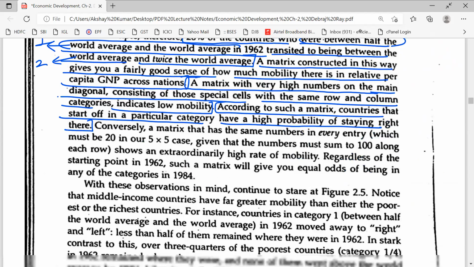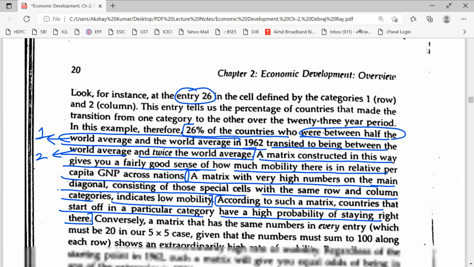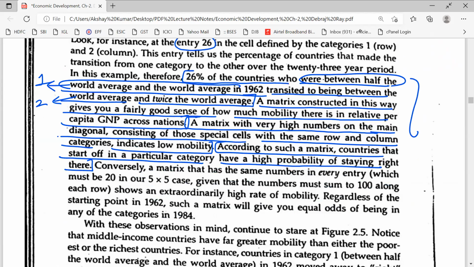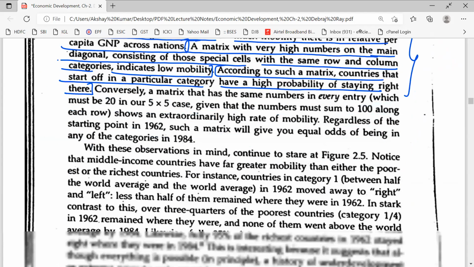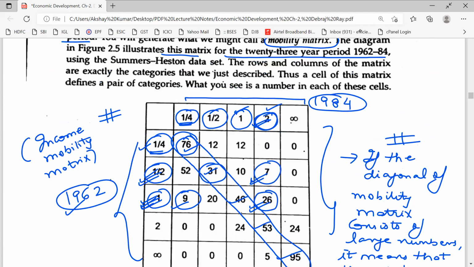This was the mobility matrix and a short note on it. So maybe you can just learn some basic characteristics about the mobility matrix. You should know how to interpret the elements of the mobility matrix. But from an examination point of view, you don't need to learn this matrix, no need to learn the elements of the matrix.